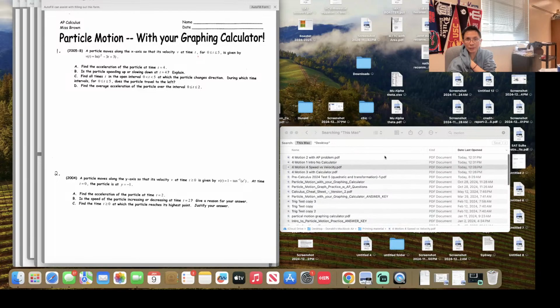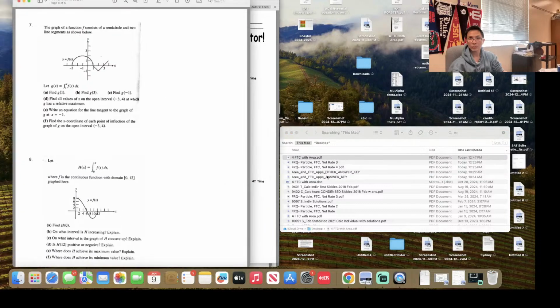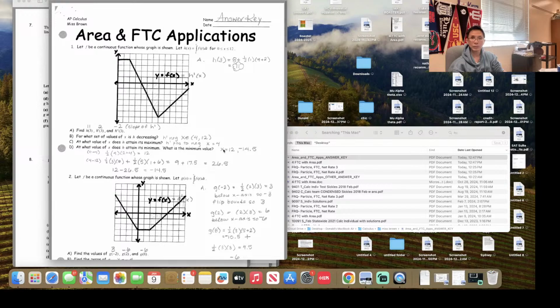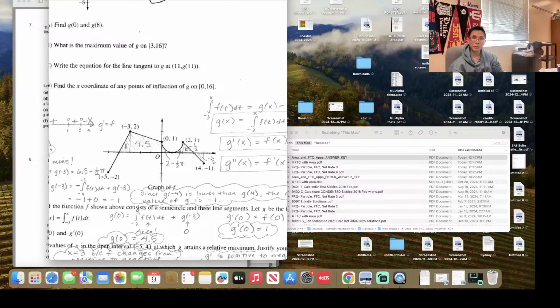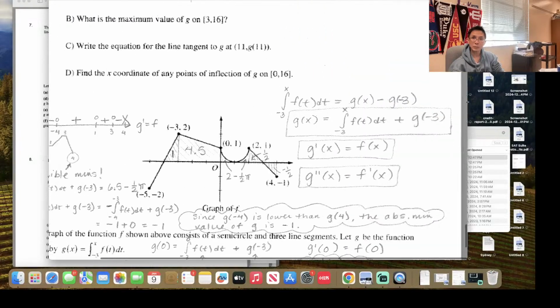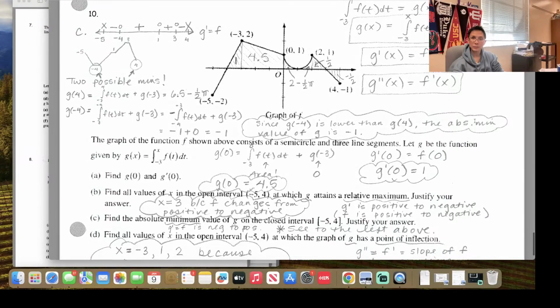So let me see. This is the last answer right here. I'll zoom in more. Now for C, I do a table.